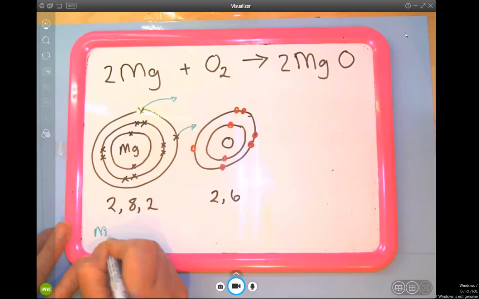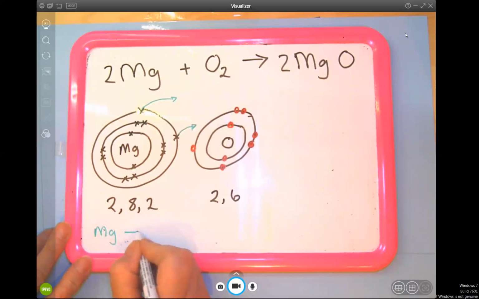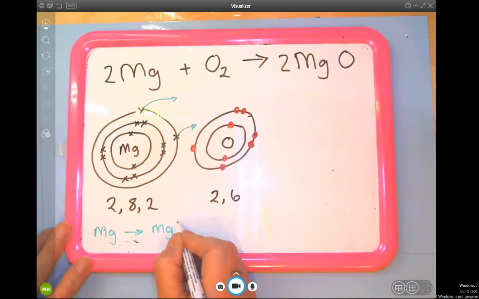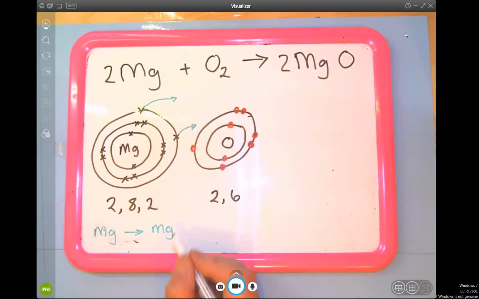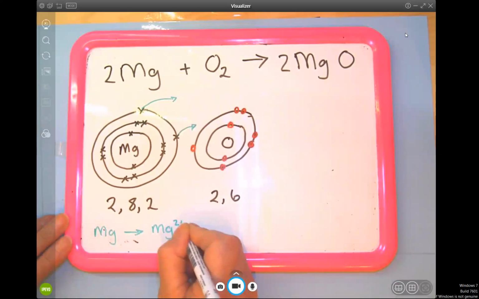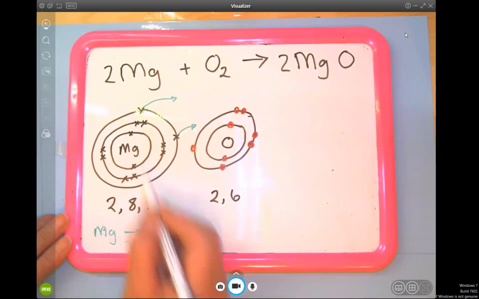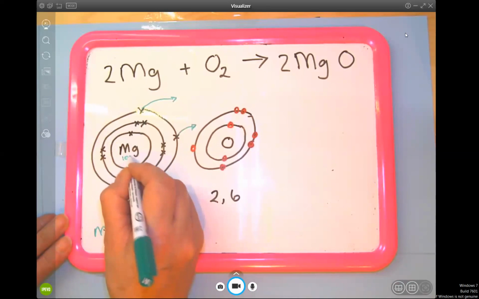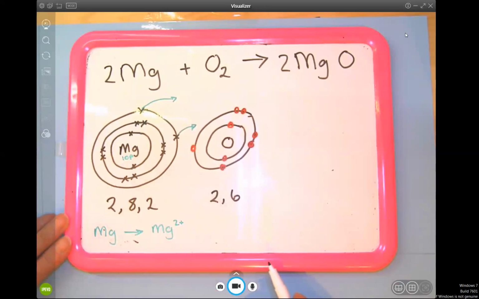So the magnesium will become a magnesium ion, and because it's lost 2 negative charges, it'll be a 2 plus ion. How do I know that? It's got 12 protons, 12 positive charges in its nucleus.